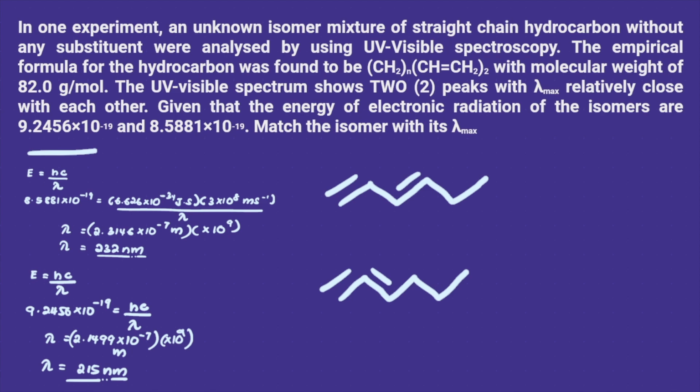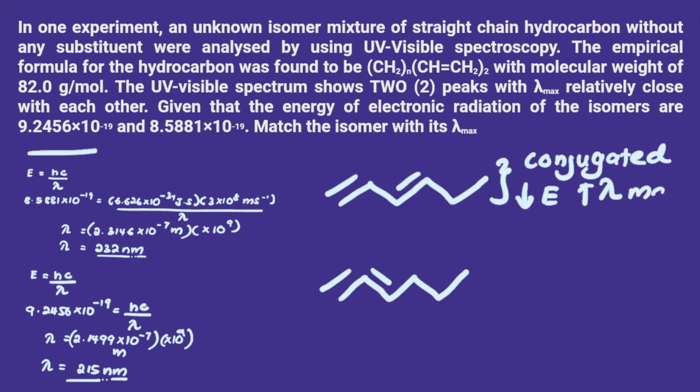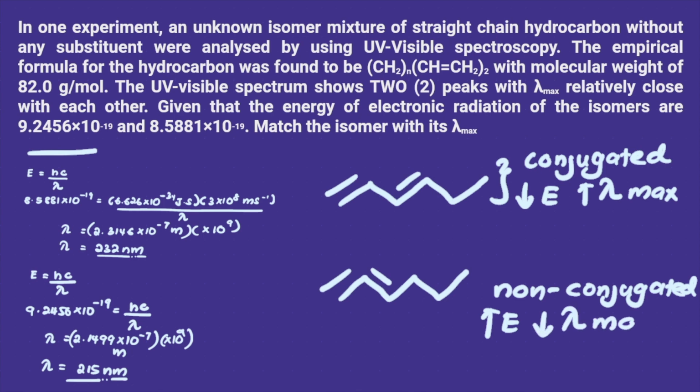This one is the conjugated isomer, and the conjugated isomer will have a lower energy. The one with a lower energy will have a higher lambda max. This one is non-conjugated, and the non-conjugated should have higher energy, but in return will have a lower lambda max.